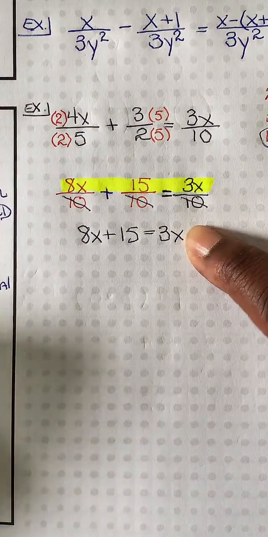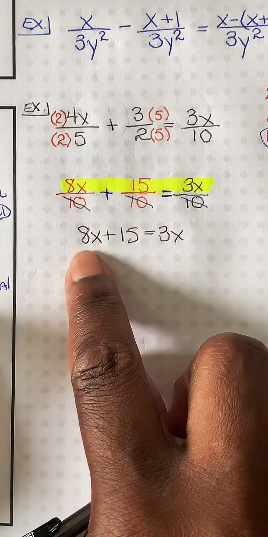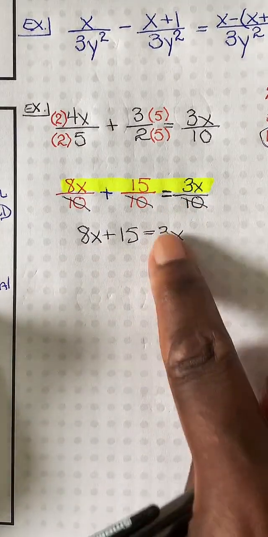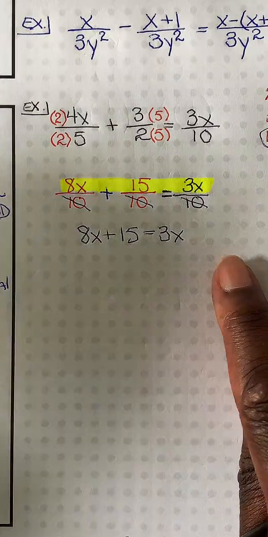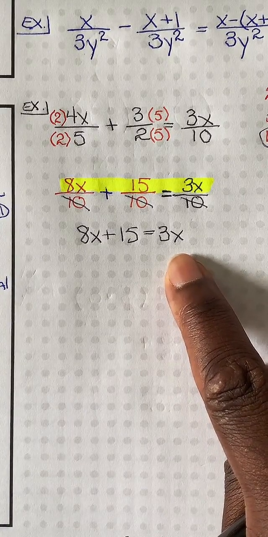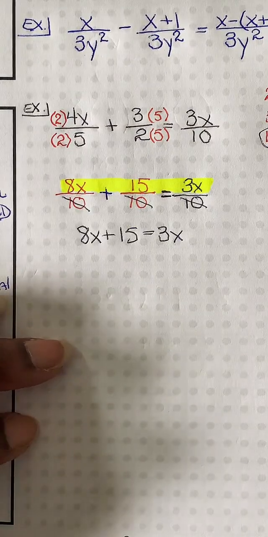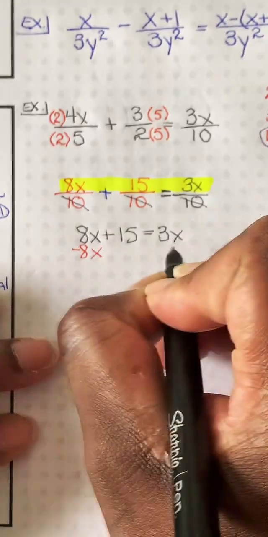All right, so if we subtract the 3x, there's going to be nothing over here. We always want to balance things out. I know a lot of us don't want to deal with the negatives, but sometimes we got to deal with that. So when we even this out, we're going to actually subtract the 8x on both sides.